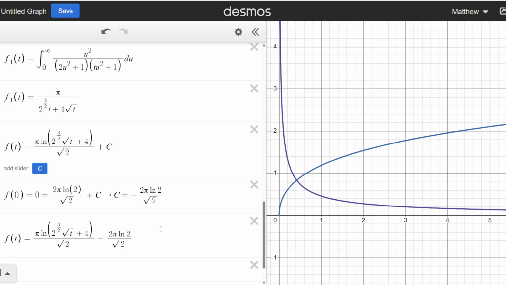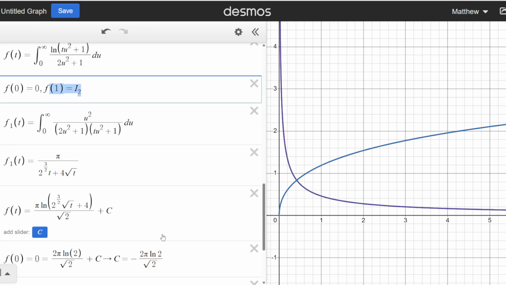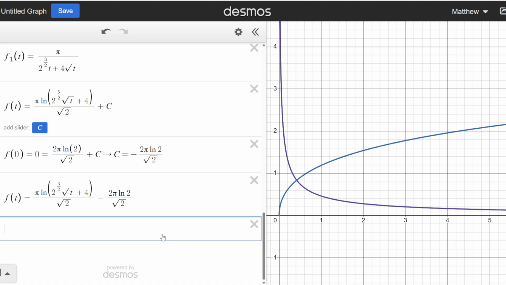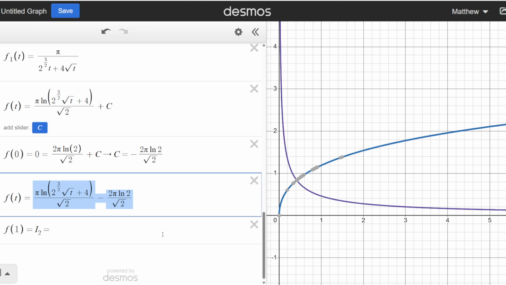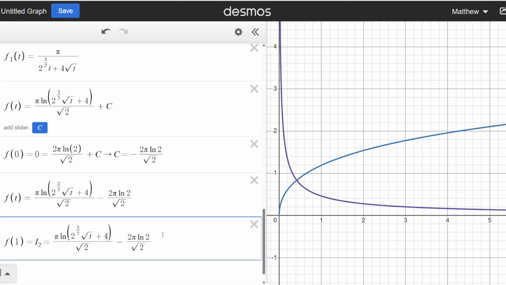That matches up perfectly. All right, so now what was the point of creating that f of t? That was so we could say that f of 1 is I2. Well, that's going to be equal to this, of course, when t is 1. So that is I2 right there.